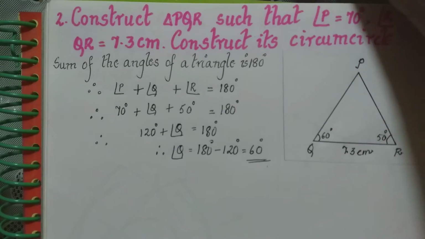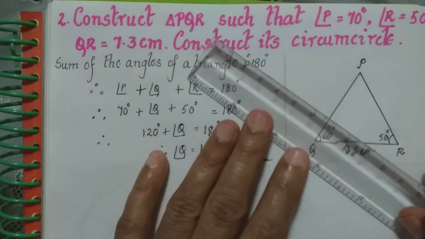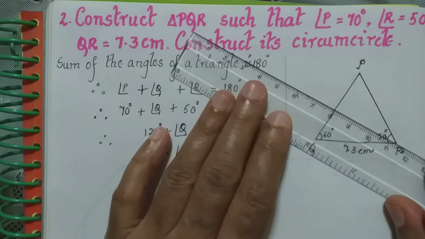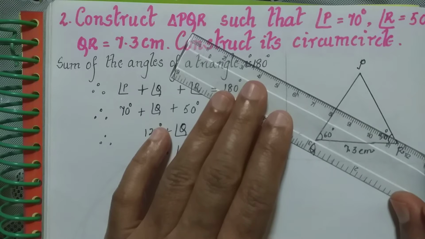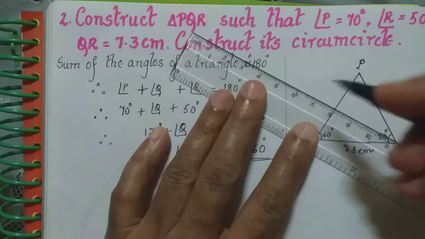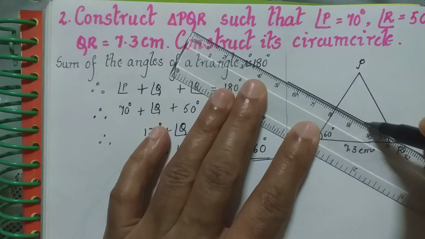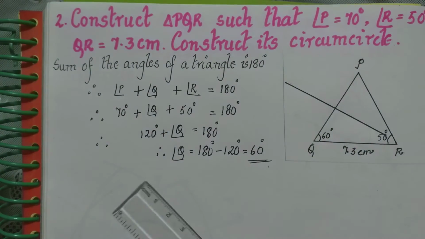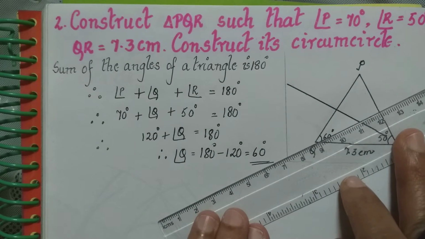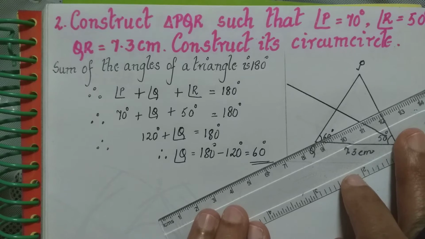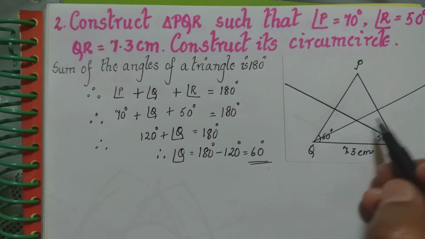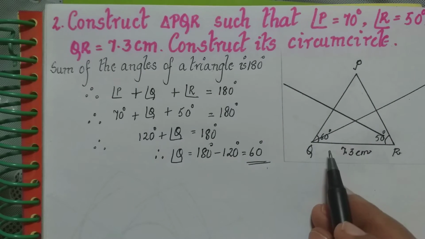So in the rough figure, if we draw a perpendicular bisector, say suppose of PQ, it may be like this. And the perpendicular bisector of PR, if I were to draw, maybe like this. Okay, so the two perpendicular bisectors are drawn.